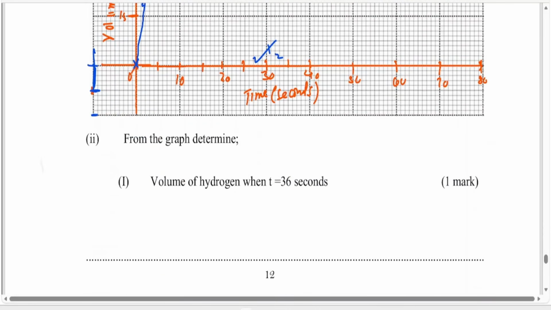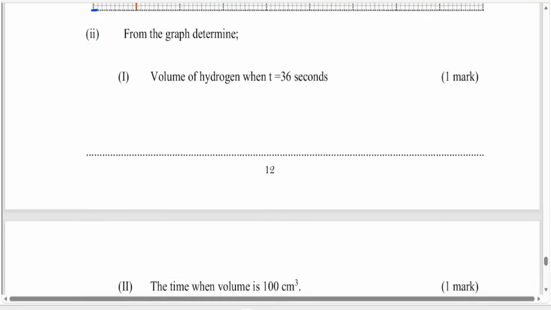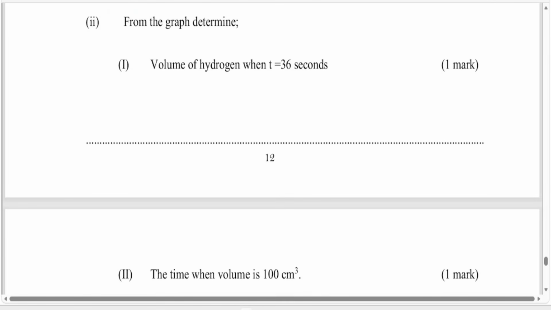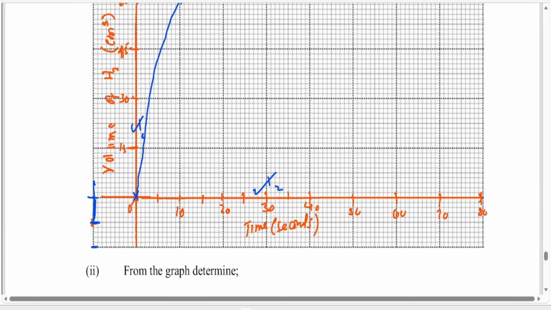Moving to the questions. From the graph, determine the volume of hydrogen when T was equivalent to 36. So we'll determine when time was 36. So we have 10 representing 10 seconds. So at 36, we determine the volume at 36 seconds.